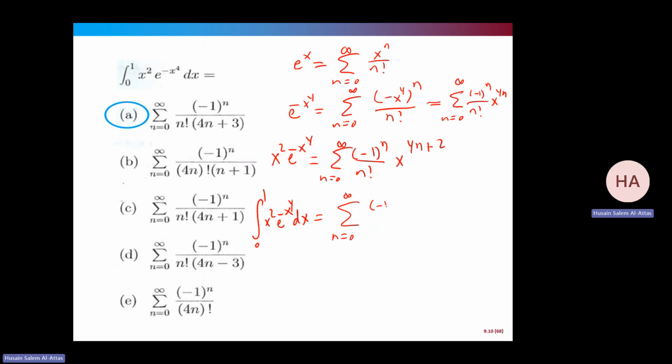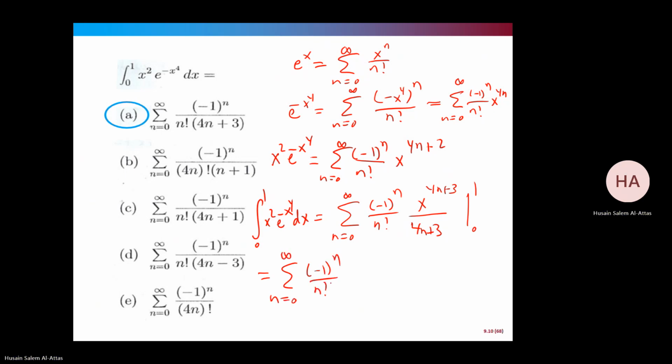I need to integrate minus 1 to the power n over n factorial x to the power 4n plus 3 over 4n plus 3, from where to where? From 0 to 1. 1, just substitute, so you have 4n plus 3. 0 will make it 0. What is my answer?